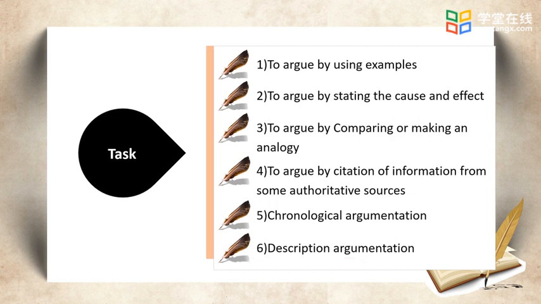In our own writing practice, it is not necessary to put all these methods into use. Instead, we can decide which way to argue according to different topics we are to discuss. How we accommodate different viewpoints is of vital importance to the success of our argumentation.